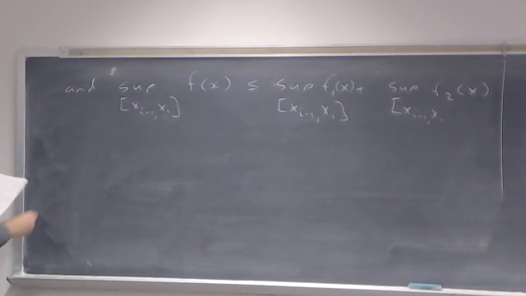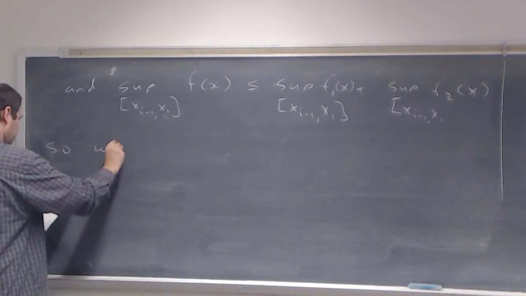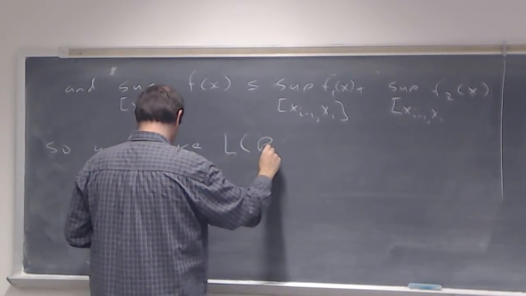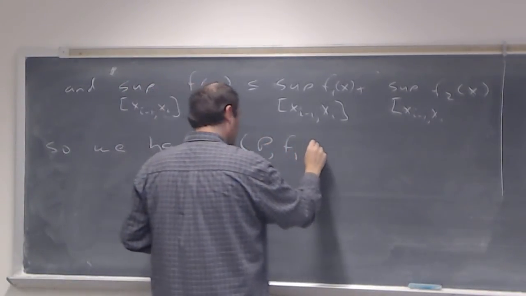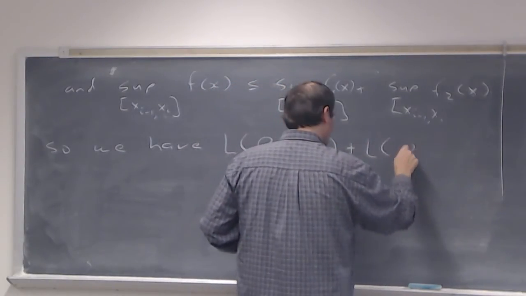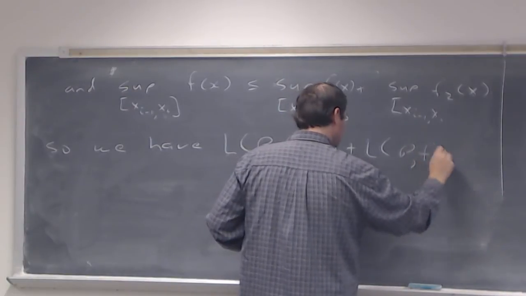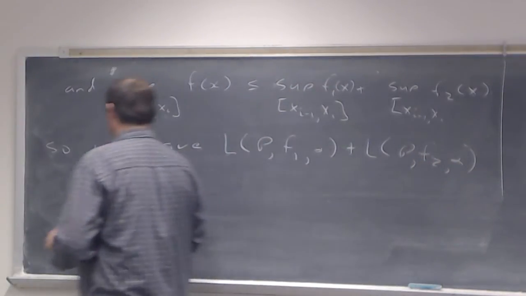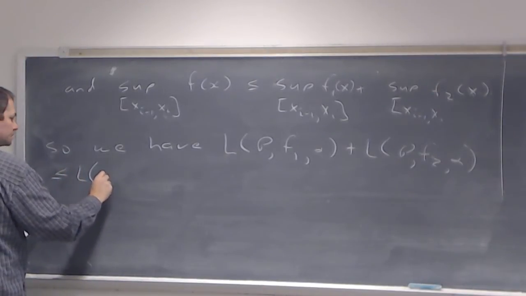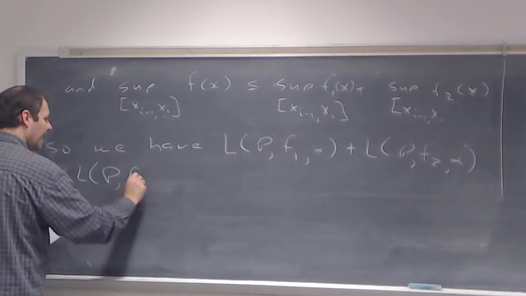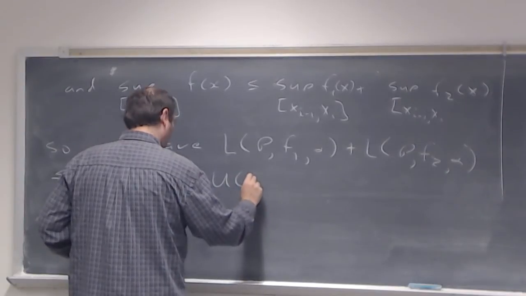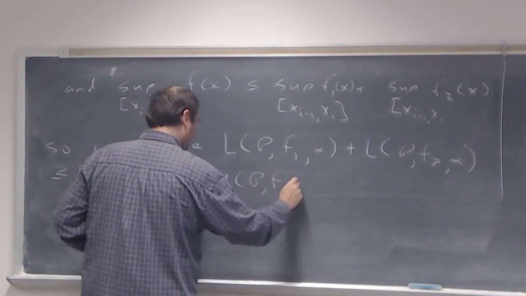Okay, from those two facts, we get the following. The lower sum with any partition of f_1 and alpha plus the lower sum with this same partition of f_2 and alpha is going to be less than or equal to the lower sum with this same partition of f and alpha, which is less than or equal to the upper sum with this partition of f and alpha.